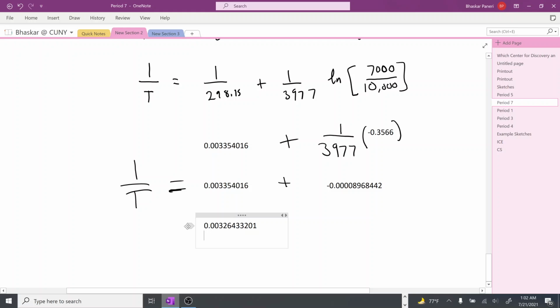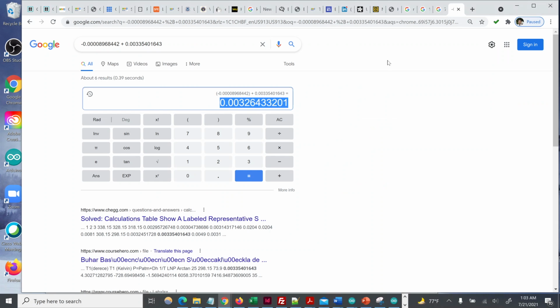So that is equal to 1 over T. And so T, which is the temperature in Kelvin, is equal to the inverse of this number. So 1 divided by this number.